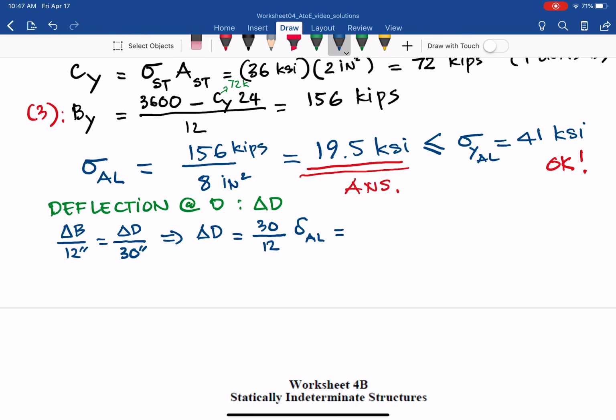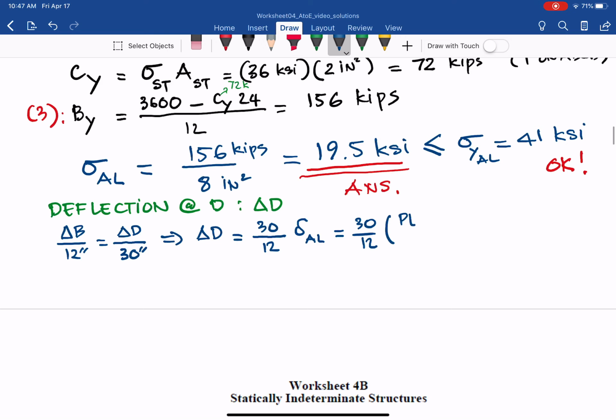So we can plug in 30 divided by 12 times the deformation, equal to PL over AE for aluminum, and P equals By, so it will be 30 divided by 12 times By, 156, L of 10 inches, divided by the area of 8 inches square, Young's modulus 10,600 ksi.